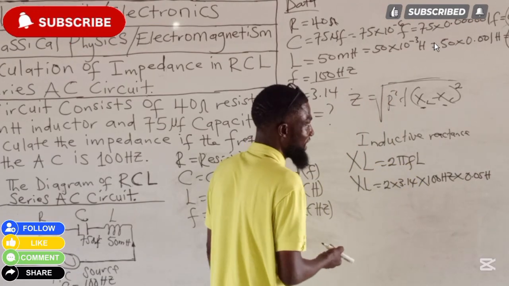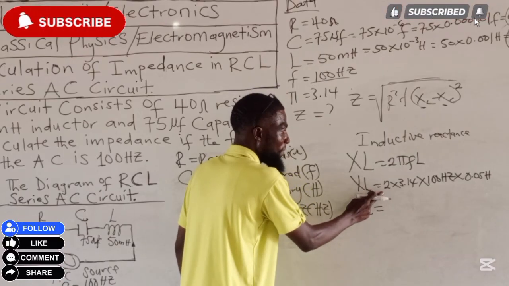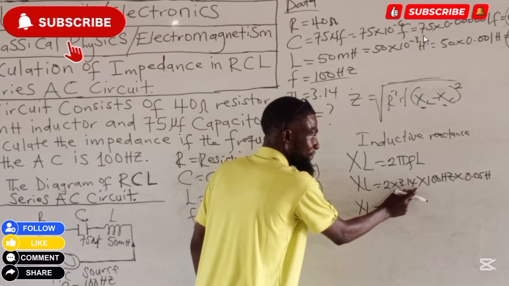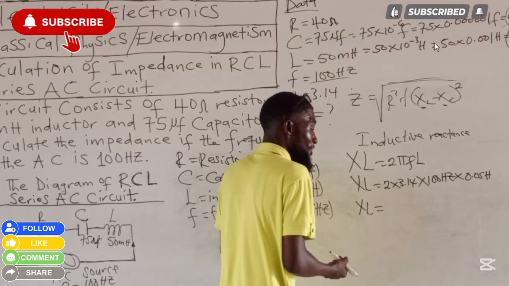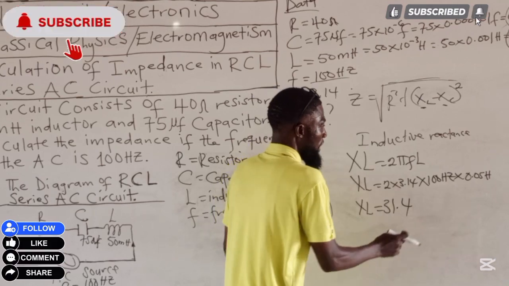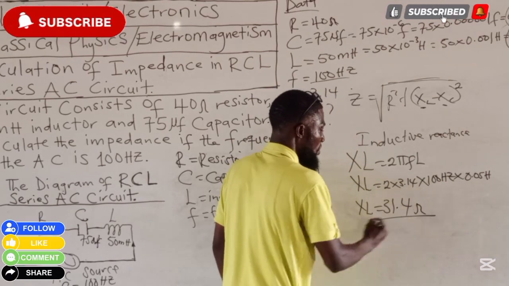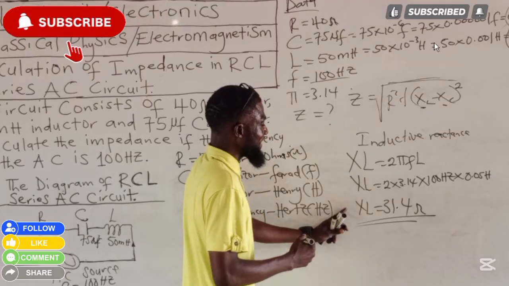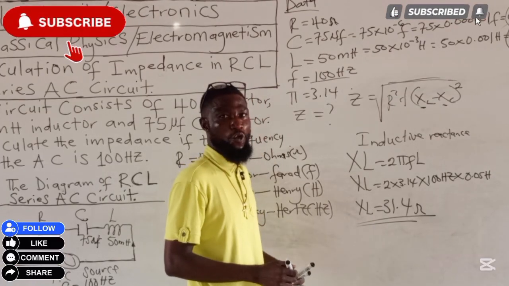Based on this information, when we multiply 2 times 3.14 times 100 times 0.05, we have 31.4. Hertz times henry will give us ohms. So our precise answer for the inductive reactance is 31.4 ohms.